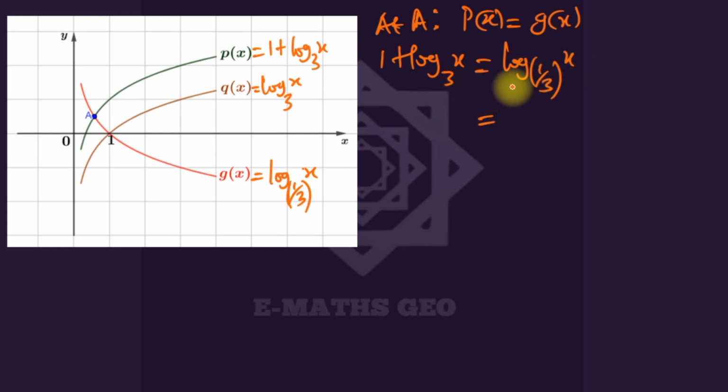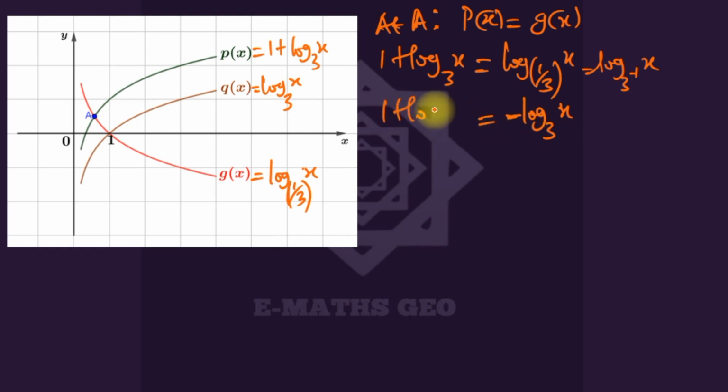And we know from our laws of logarithm, you can write this as minus log base 3 of x. This is log base 3 to the power minus 1 of x. So you reciprocate, and minus 1 over 1, if you reciprocate, you still get minus 1. Bring it here, that's why it's minus 1.